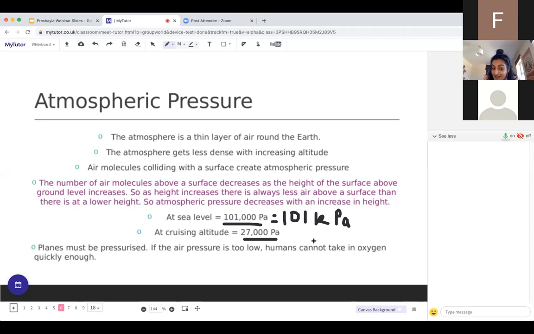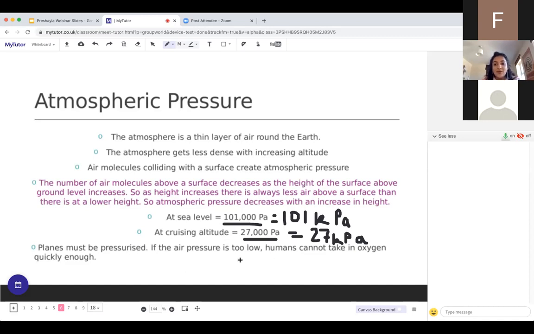So you can see that the pressure is much, much lower than at sea level because it's much higher up. So pressure decreases as we get higher, otherwise known as 27 kilopascals. You can do the same with that one there. So it's important to know how to differentiate between the two and know that that is just saying the same thing.